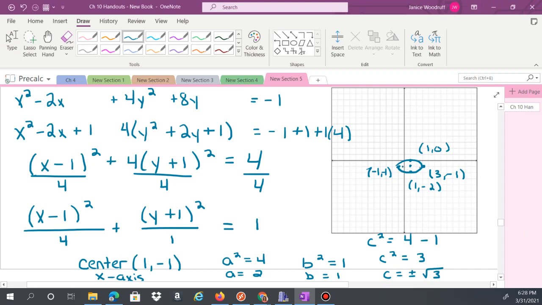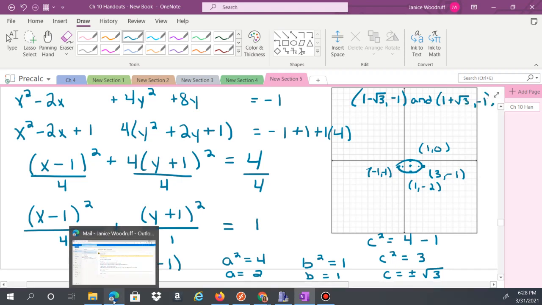So maybe like here and here. But really what we would want to do is look at the horizontal axis. So it's (1 minus the square root of 3, -1) and (1 plus the square root of 3, -1). Those would be the foci.